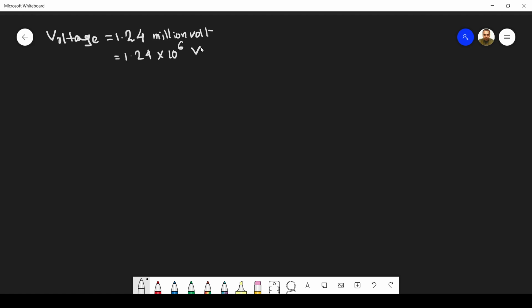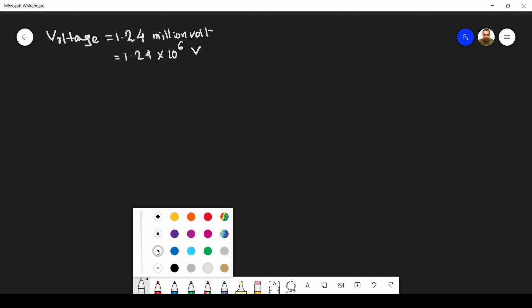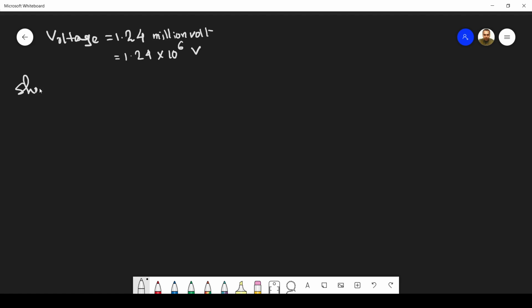So we have to calculate the shortest wavelength. How can we calculate the wavelength in this case? For that, we need to understand the expression for energy and wavelength.